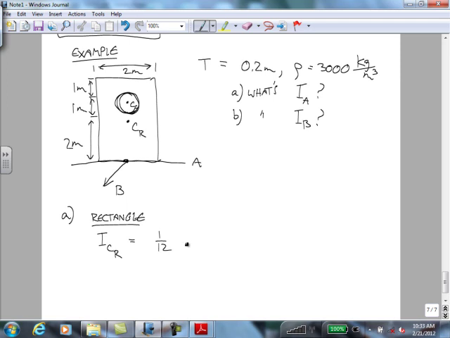We're ignoring this circle to calculate the moment of inertia for the rectangle. So 4 times 2, so we get, what's that, 1.6 times 3,000 is 4,800 kilograms.